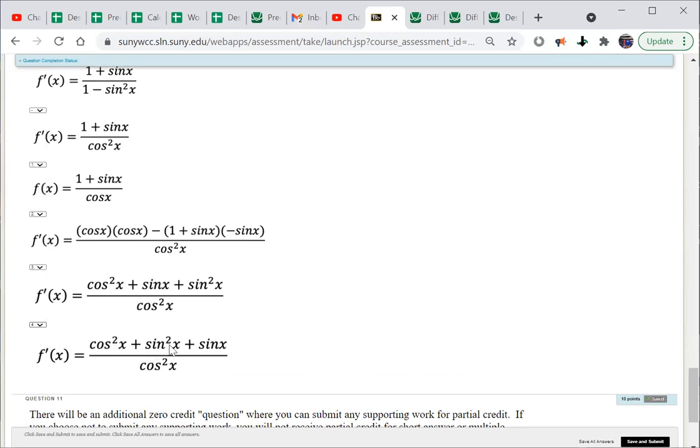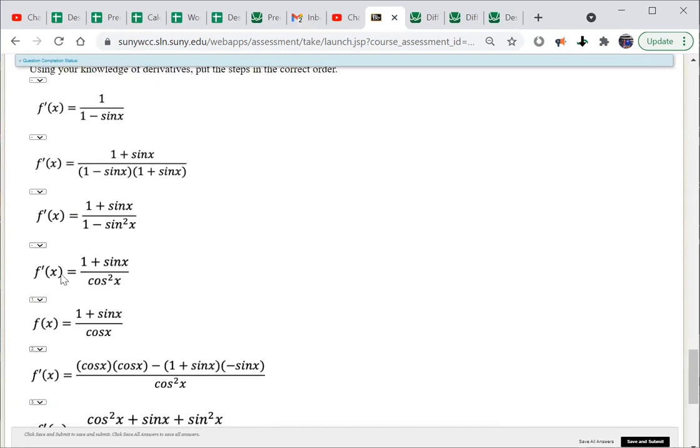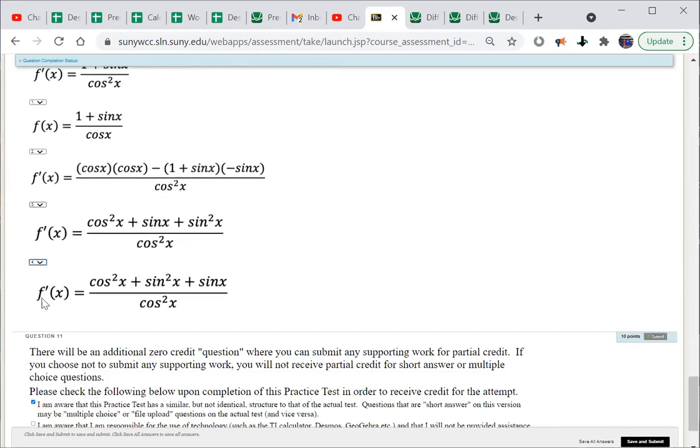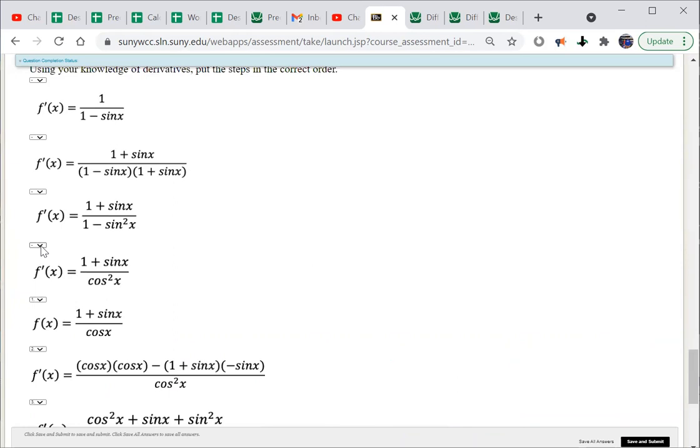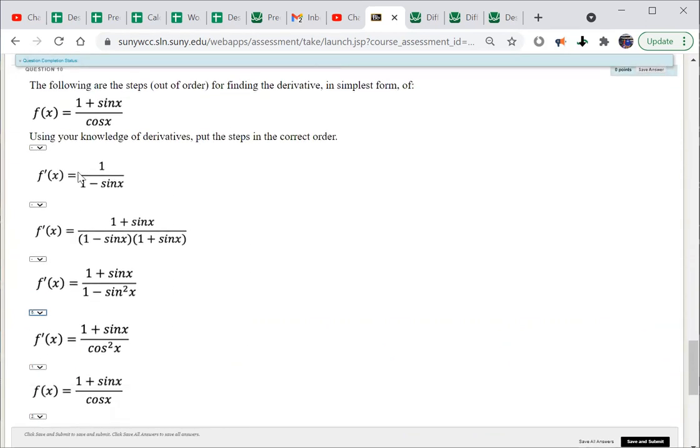Cosine squared plus sine squared is a Pythagorean identity. That's equal to 1. 1 plus sine over cosine squared would be this one. So we're at 4, so that would be 5. So now I'm living in this neighborhood, right? So I'd look at this. Okay, cosine squared, what's that equivalent to?